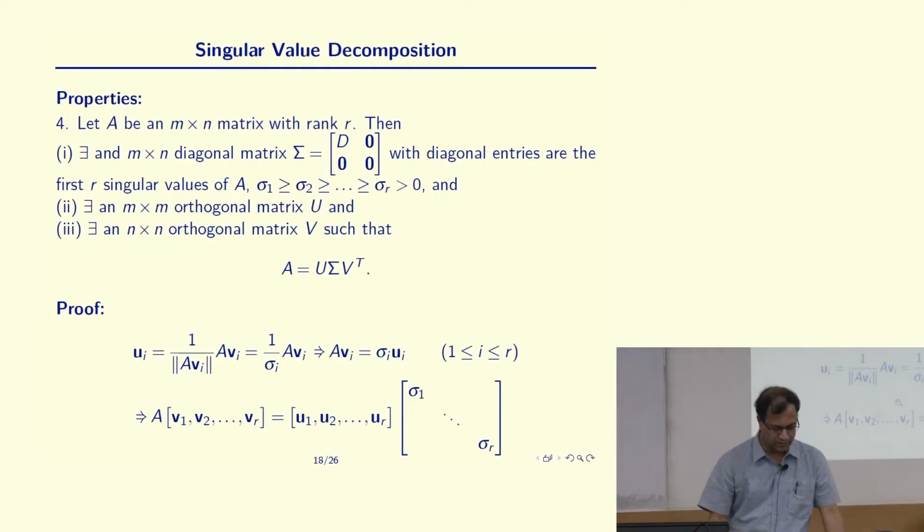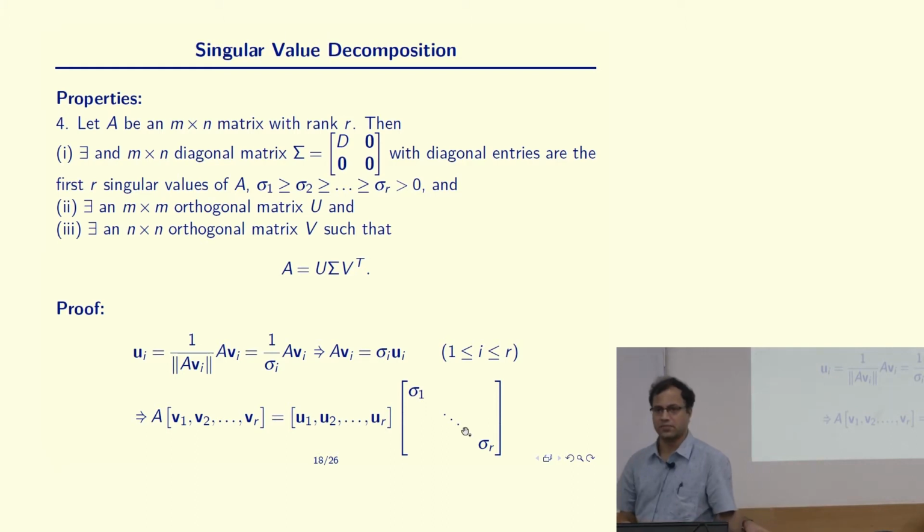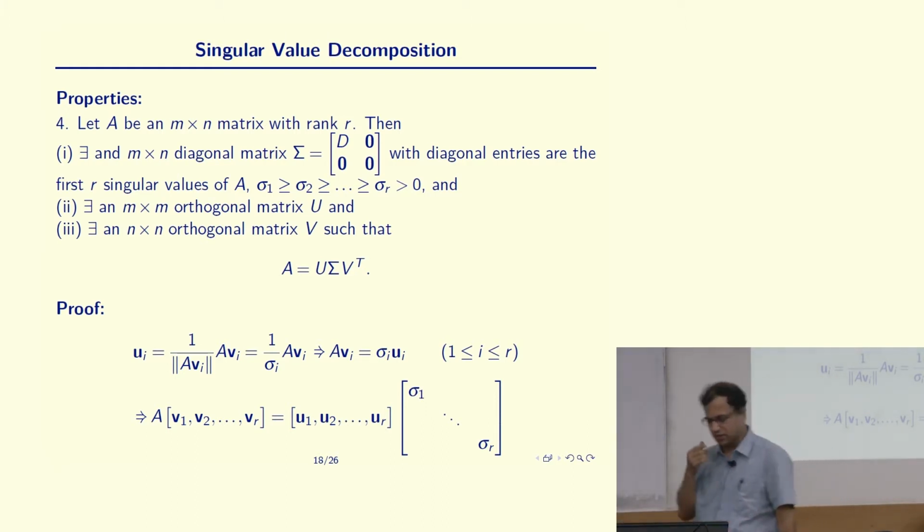So now we have AVi equal to sigma ui, the same way we expressed it for the square matrix. We can write A into V1, V2, Vr equal to U1, U2, Ur into the part of capital Sigma, which is the capital D with sigma 1, sigma 2, sigma r.